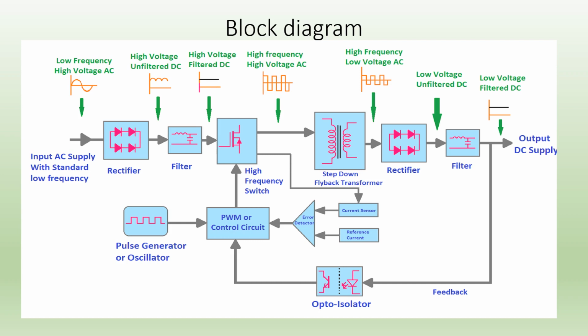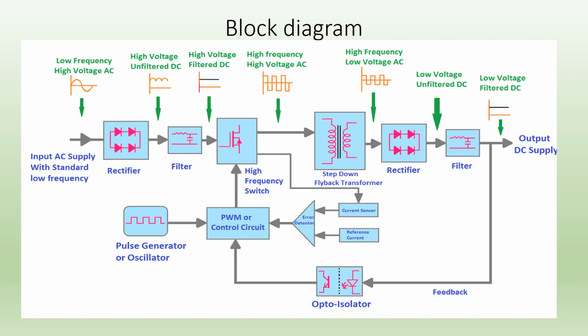This is our third block, which is control switching section. Switching devices such as transistor or MOSFET switch on and off according to variations. And output of switching is given to the primary of a transformer. You can see the transformer, step down flyback transformer.